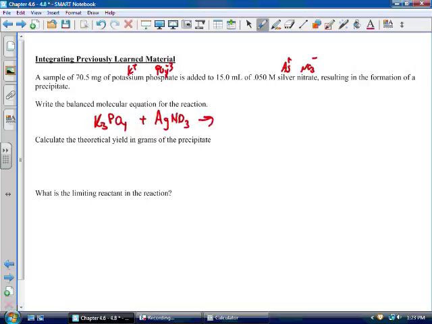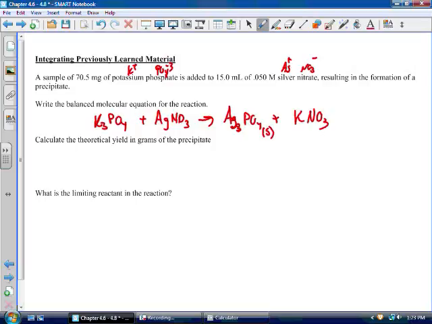Now, in a double replacement reaction, the silver and potassium are going to switch places. So silver is going to go with phosphate, Ag3PO4. And potassium is going to go with nitrate, KNO3.